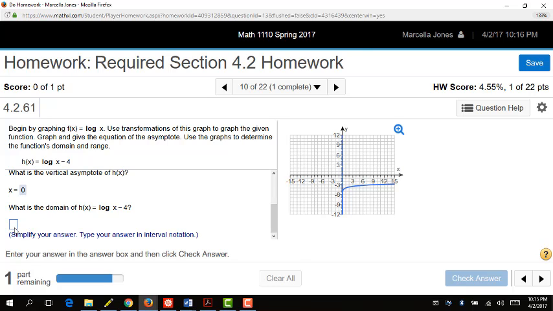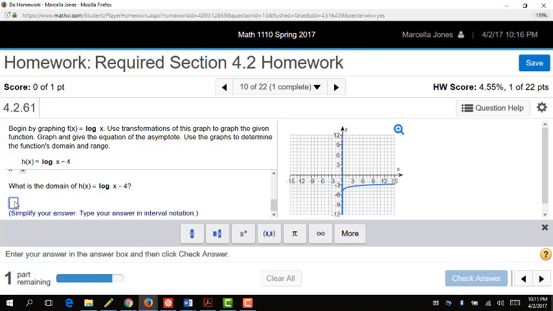Now let's give the domain of this function. So we notice that our domain is any positive x. As long as x is positive, it will be an x that corresponds to an x coordinate of one of these points on this graph.